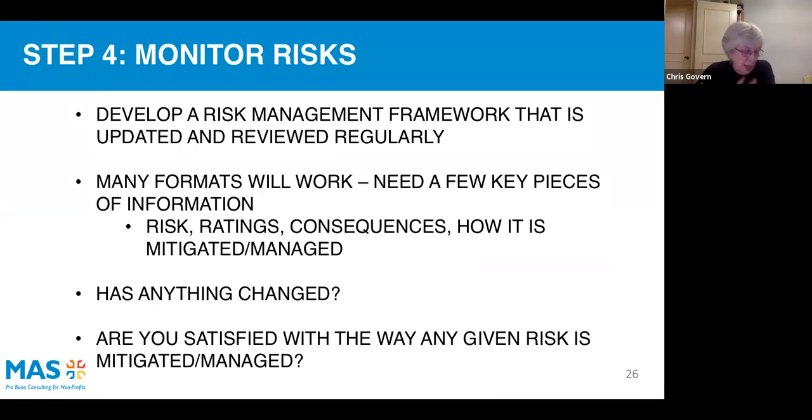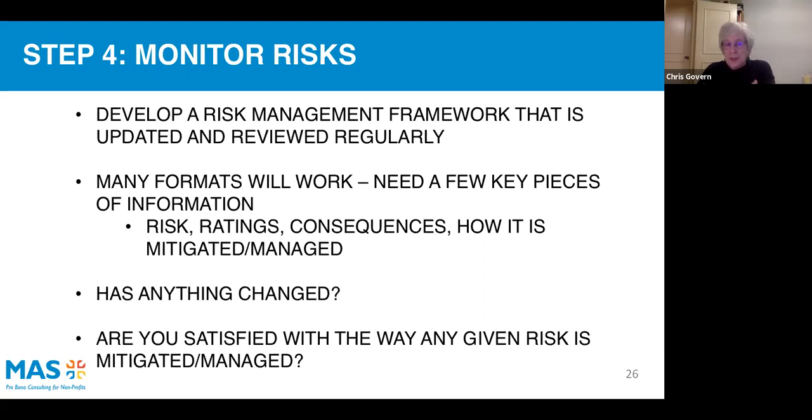A good way for the board to do this, and what I would recommend, is that the organization have a risk management framework that is updated and reviewed regularly. And we're going to talk through that framework. I'm going to give you examples of it. But there are many formats that would work. You'll see the format that I'm using.